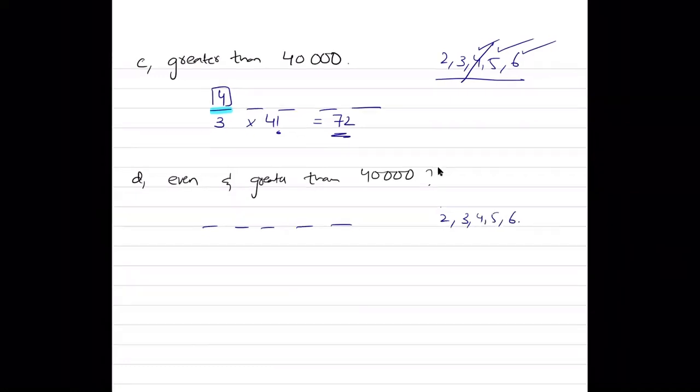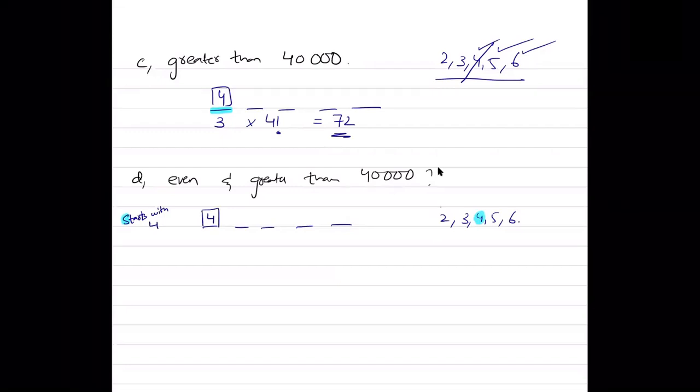Now here it's better to do the working in steps. If I want a number greater than 40,000, let's say I'm saying that a number starts with 4. So I deliberately want 4 to be the first number.